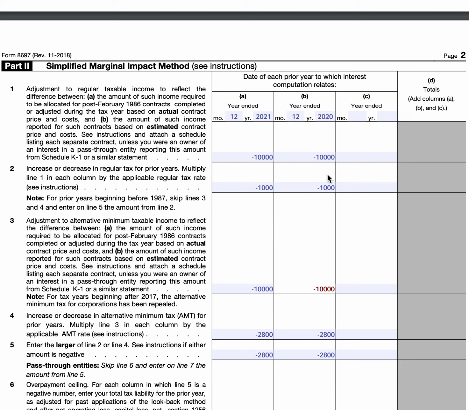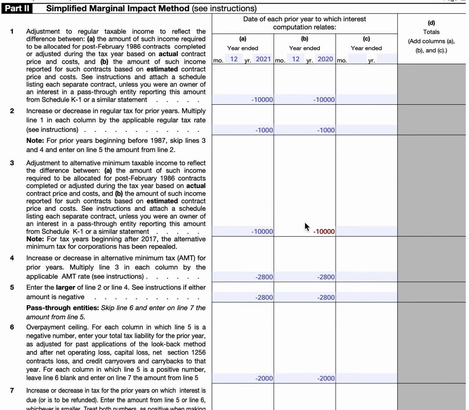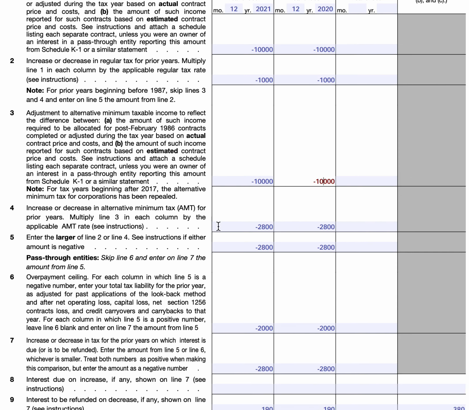So what we're doing is we're making the adjustment to regular taxable income, and then we're making an adjustment for AMT purposes, the difference between the actual and the estimated contract. And then you would enter the increase or decrease in AMT, and again, the AMT tax rates are in the form instructions. They're also in our article, so you can see what the difference would be. So it turns out that in this case, the $10,000 decrease would be bigger under the AMT.